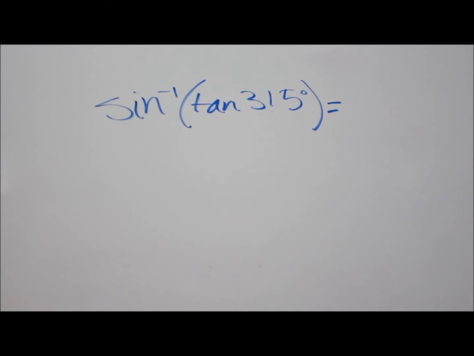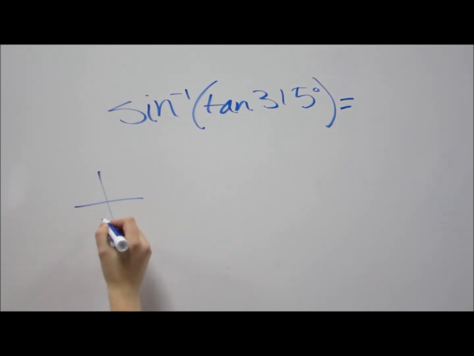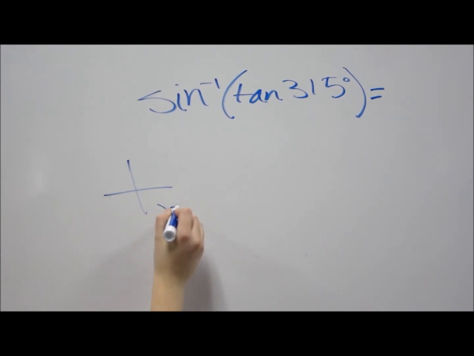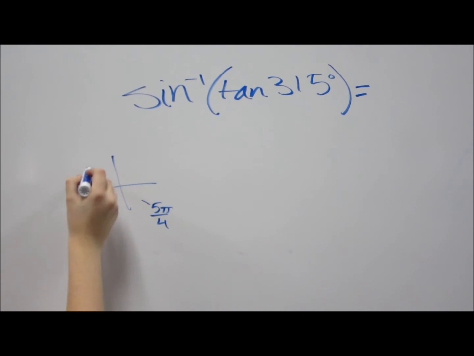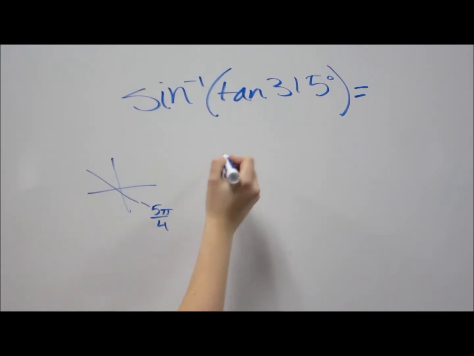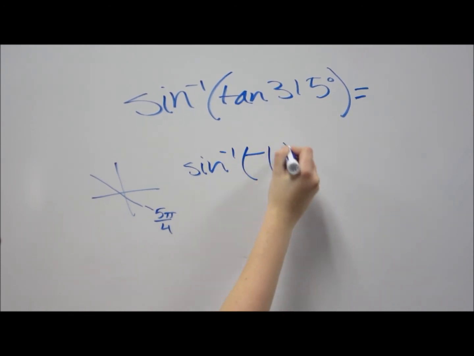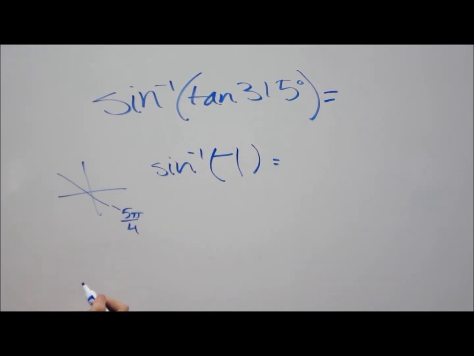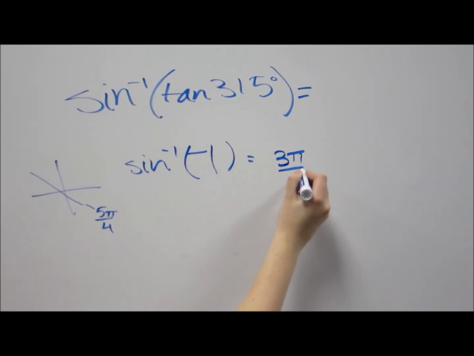For this problem, you need to figure out where 315 degrees is. On the circle, it's right there, otherwise known as 5 pi over 4. The tangent of 5 pi over 4 is -1. So you get inverse sine of -1, and we know that is equal to 3 pi over 2.